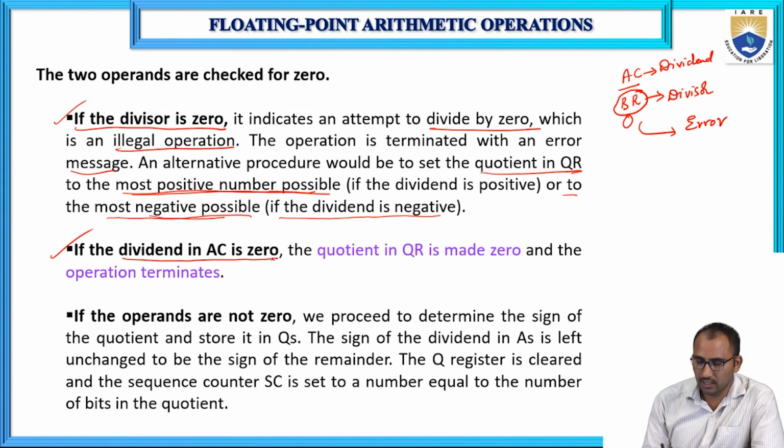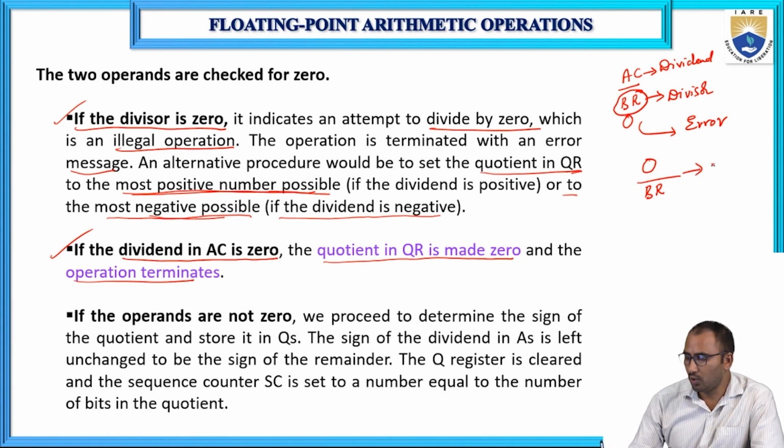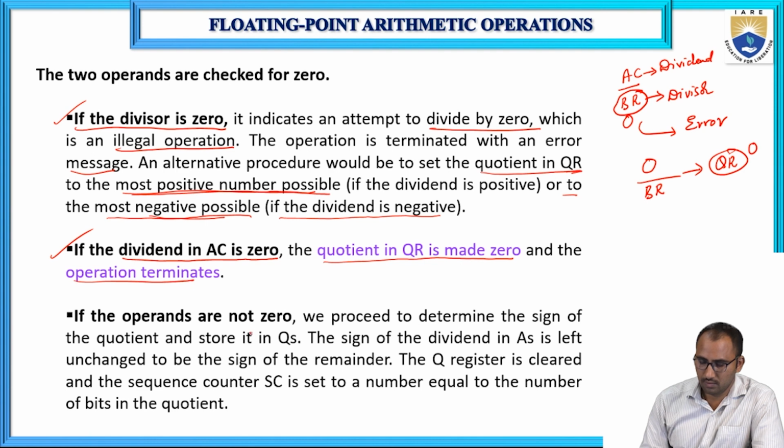If the dividend is 0, the quotient in QR is made 0 and the operation terminates. Suppose the dividend is 0 and we have a finite value of divisor. The result is that the quotient in QR is made 0, and the operation is terminated.